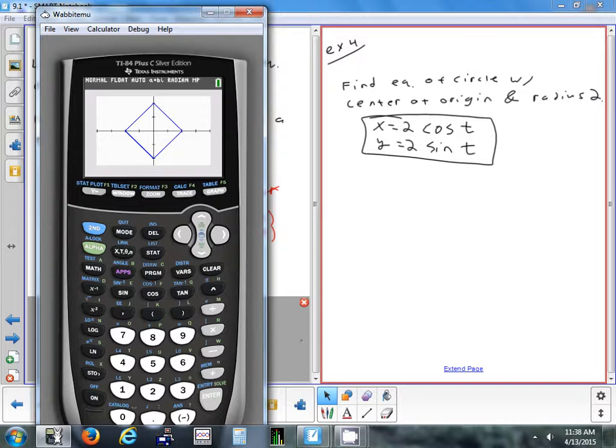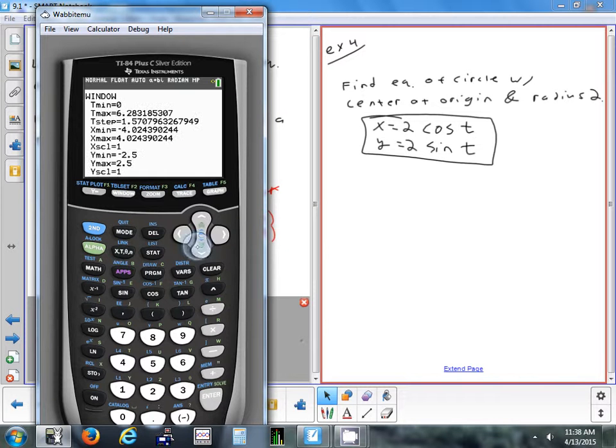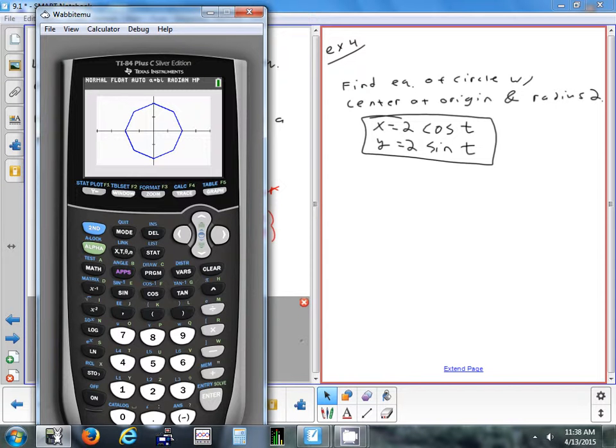It only did 4 points, and it connects them all. As you lower the t-step, you get more and more points, and it looks more like a circle. So if you did 2 pi divided by 8, now you're going to get 8 points to make up that circle. It's looking more circular, but that's still not quite circular yet. All right, so again, 0.1 is probably pretty good.